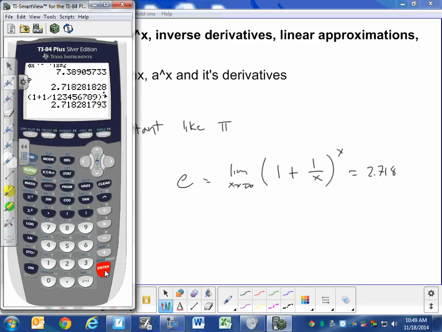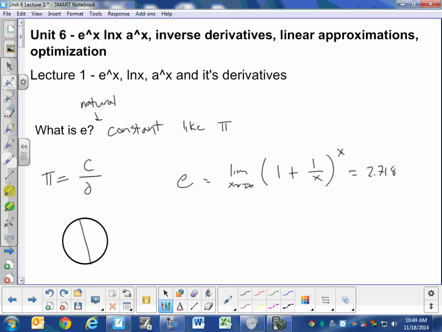And if you plugged in bigger and bigger numbers, you would get a more and more accurate number. e was developed looking at compounding interest continuously. It is applied in various fields of mathematics.